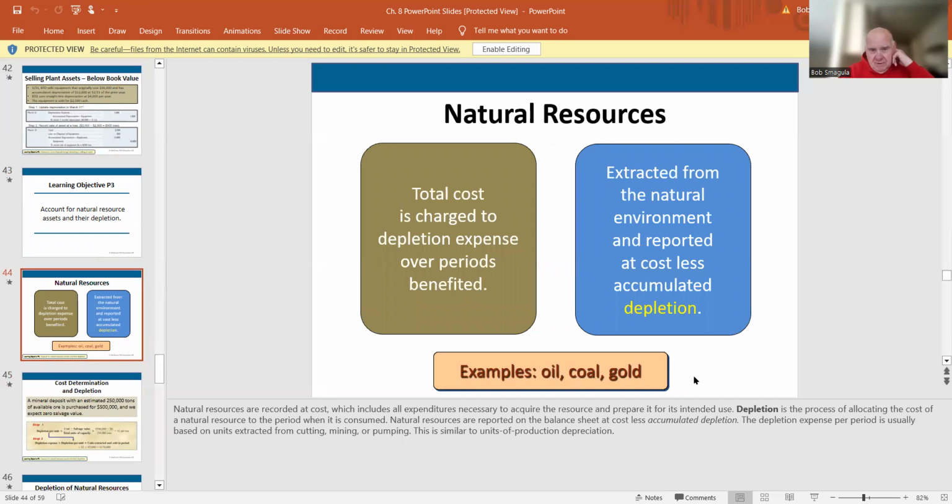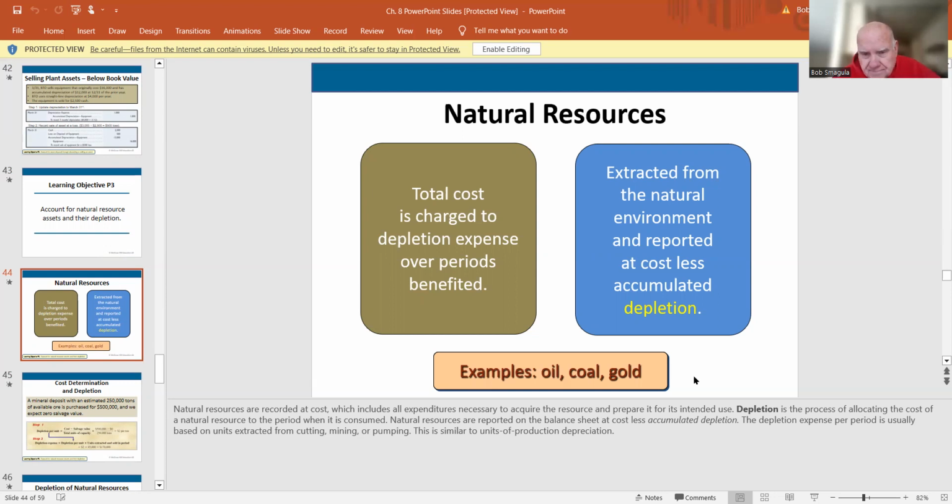Natural resources. The total cost is charged to depletion expense over periods benefited. What are we talking about? We're talking about things extracted from the natural environment and reported at cost less accumulated depletion. So just like they have accumulated depreciation, they're telling us about accumulated depletion.